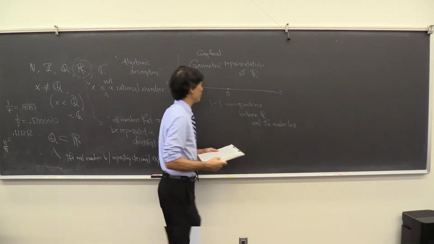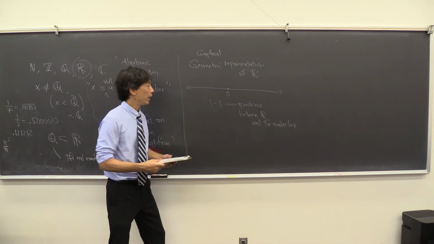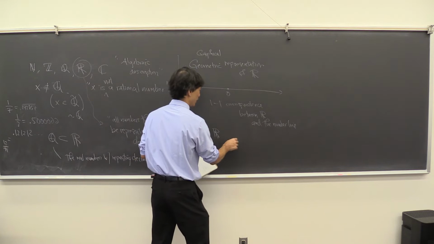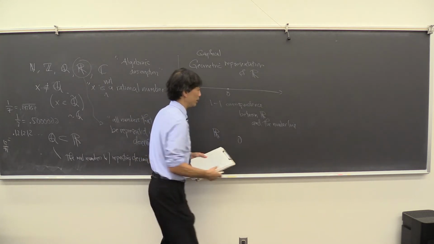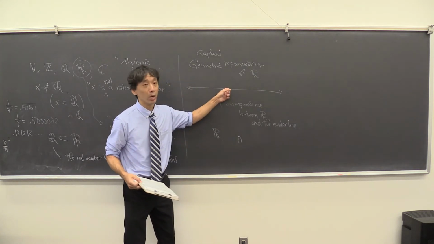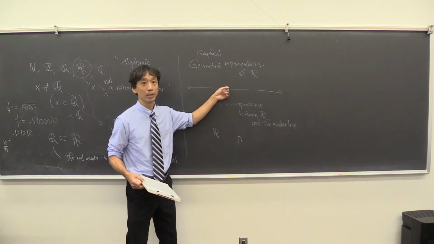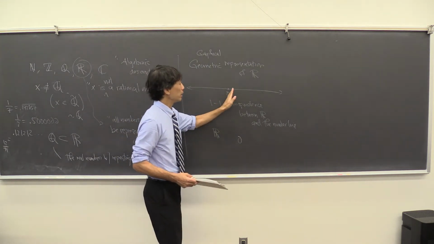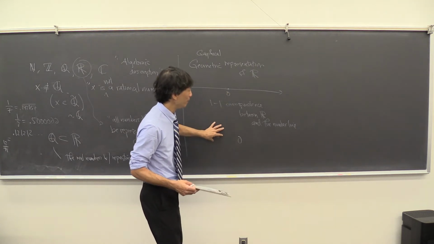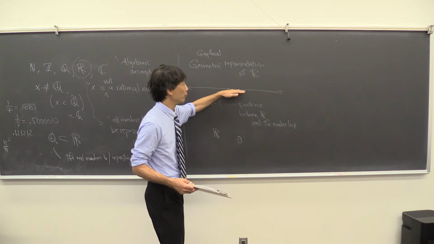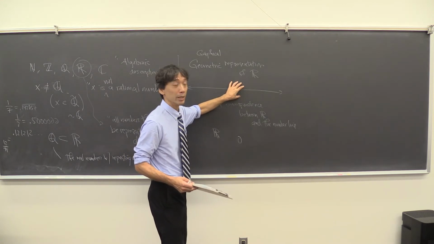What they mean by that is that every real number, for example 0, is a real number, and there's exactly one point here that represents that 0. To every number, there's one and exactly one point over here, and vice versa.